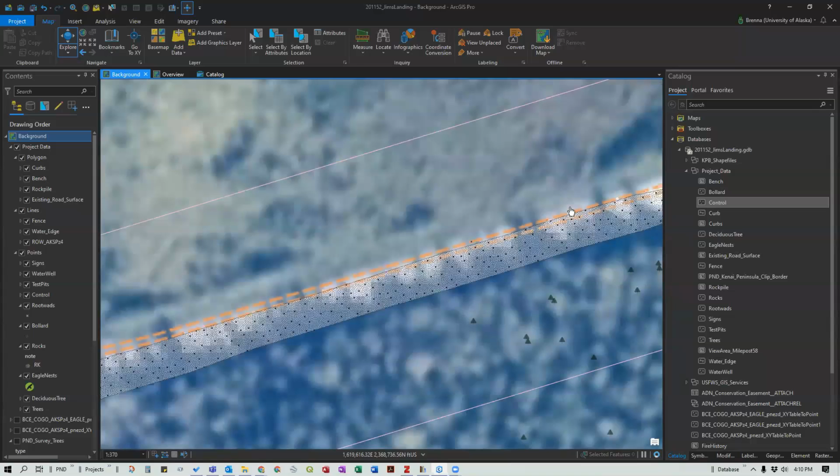Some of that could be the oblique angle of the airplane that was looking, the direction from which they were looking. You can see there's some shading. You're not going to be able to see the edge of the road along this border as accurately because of the tree cover versus this side.